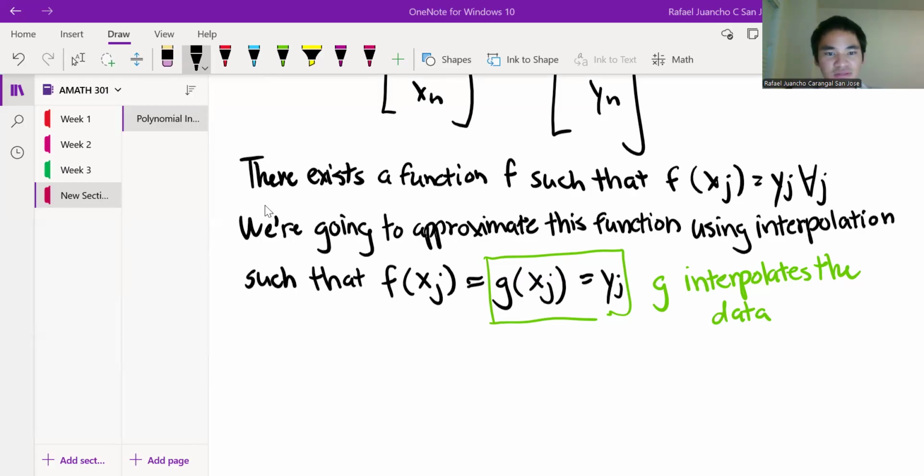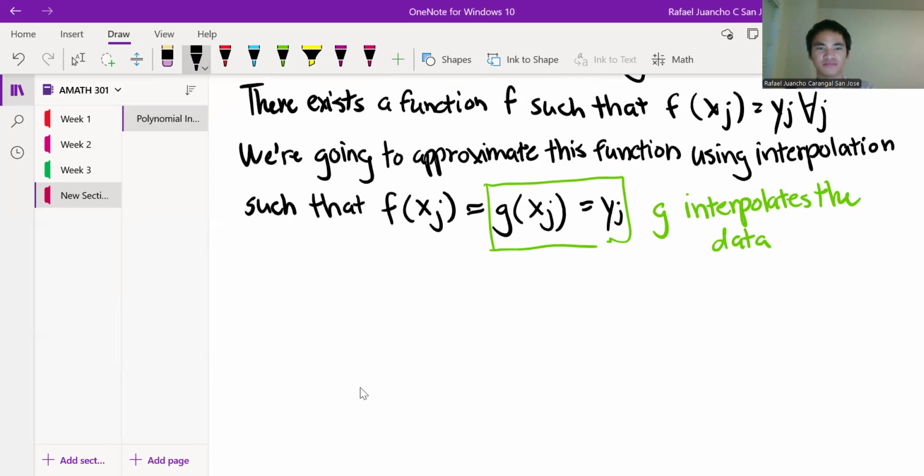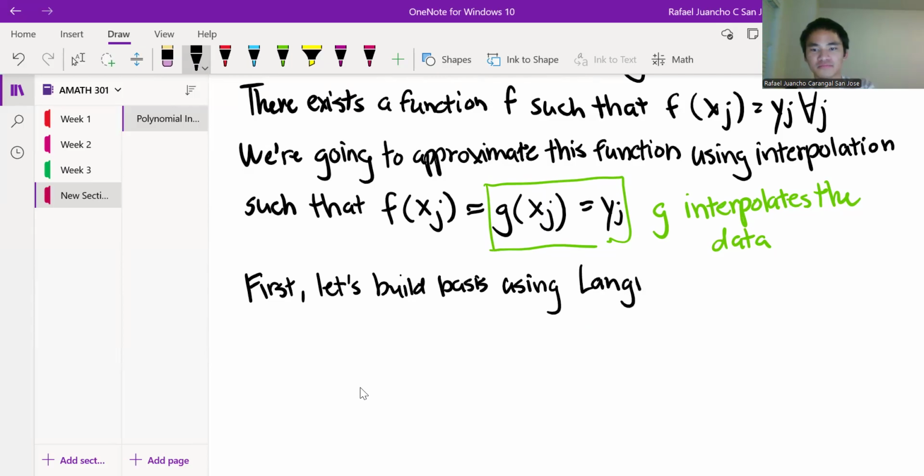That seems cool. Okay, so first let's build a basis, right? We're going to use Lagrange polynomials. So what are Lagrange polynomials?